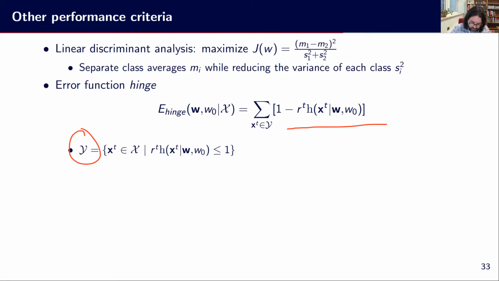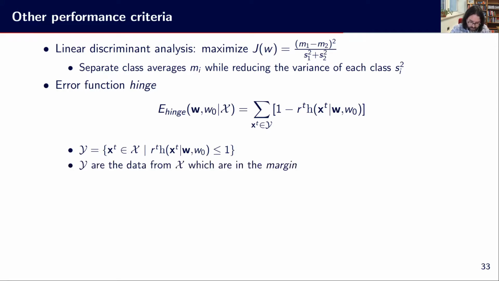And so we see, in fact, that the data from x in y are in the margin. This is kind of the security margin close to the decision frontier. And this is used in SVMs, which will be presented next week. So this is a kind of sneak preview of what we will get into next week.